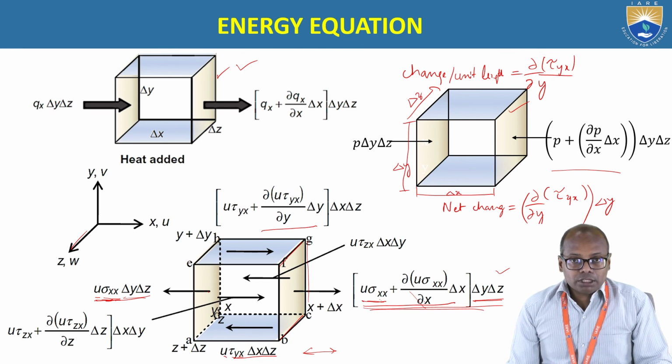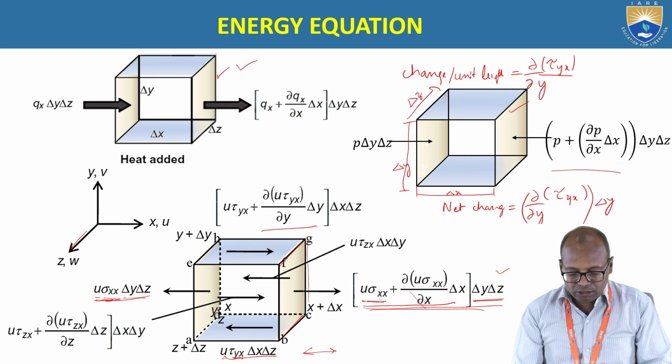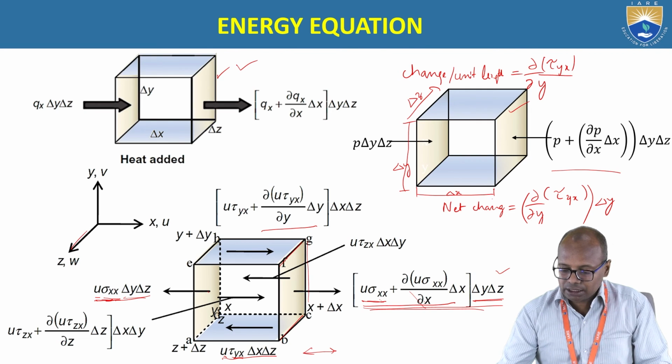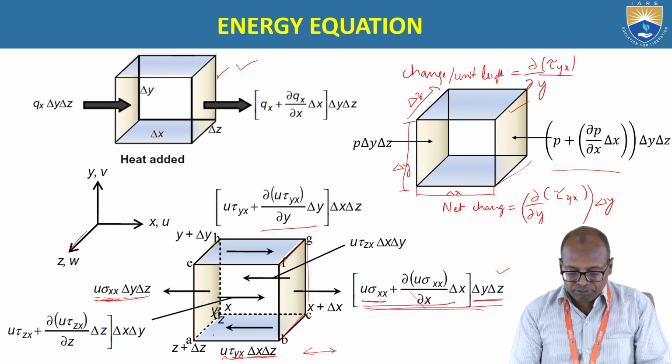So the shear force acting on the bottom face is u into tau yx into the area of this face. The area of this face is length delta x and the width is delta z. So the area is delta x into delta z. So I can write this as u into tau yx into delta x into delta z.